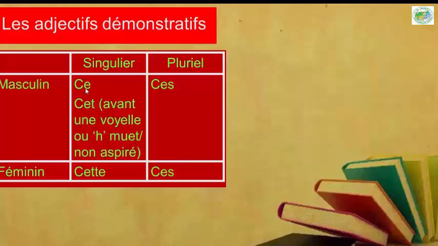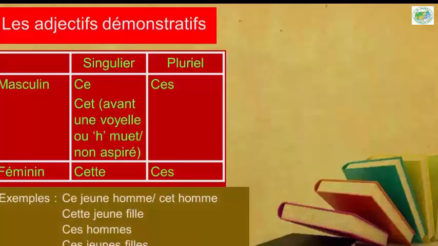That's why we use cet with one T with the masculin singulier nouns that start with vowels like A, E, I, O, U or H. Jeune homme, young man, this young man, ce jeune homme, cette jeune fille, this young girl, ces hommes, these men, ces jeunes filles, these young girls.